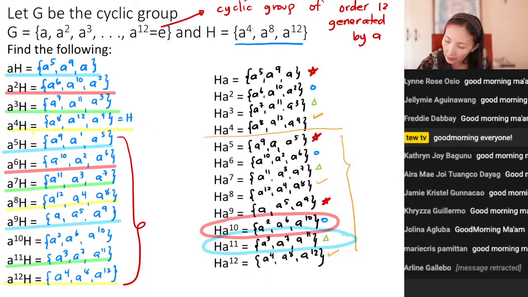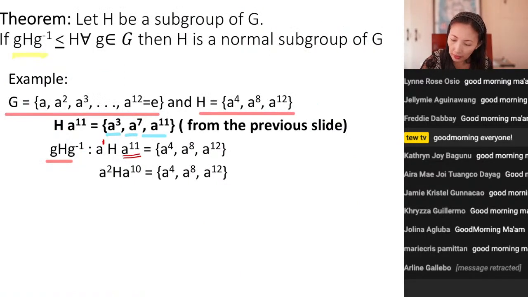Take note, the elements are a squared, a to the 6, a to the 10. Let's write it so we don't forget.